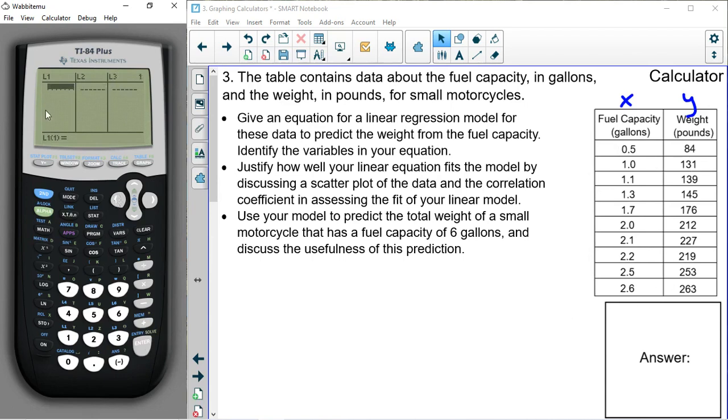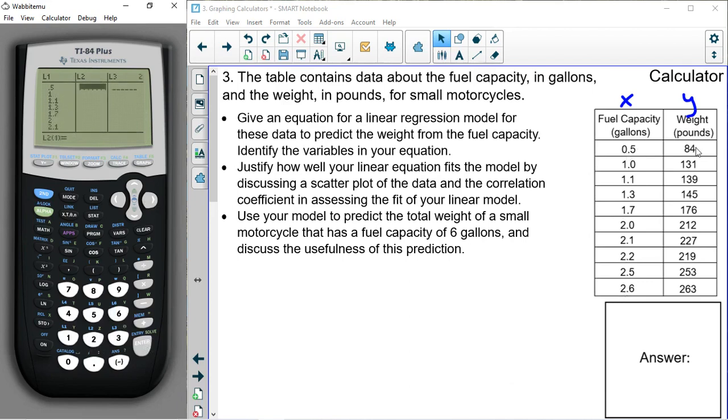So I'm going to make L1 our X, which is going to be 0.5, enter, and then 1.0, 1.1, 1.3, 1.7, 2.0, 2.1, 2.2, 2.5, and 2.6, entering all those numbers in for the X value.